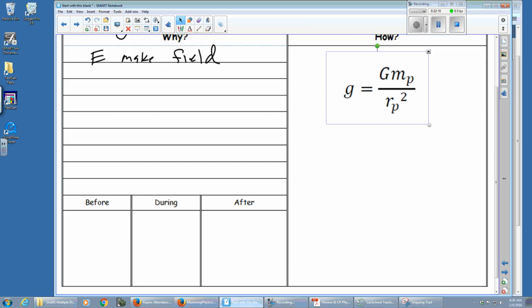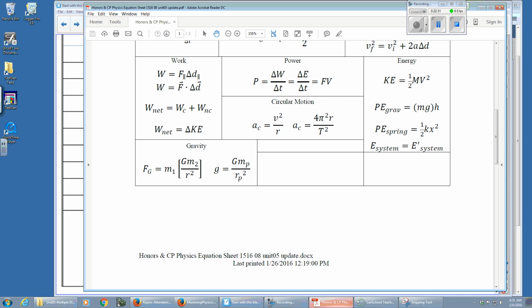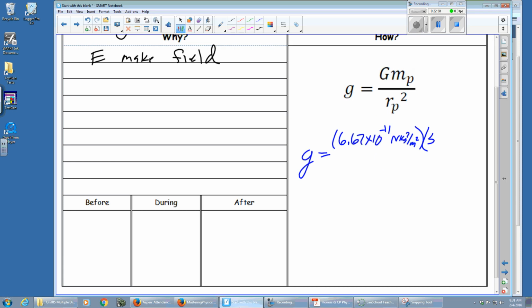So in my gravitational field here, I'm going to have big G, 6.67 times 10 to the negative 11 Newton meters squared per kilogram squared. The mass of the Earth, handy-dandy equation sheet again, 5.98 times 10 to the 24th kilograms.